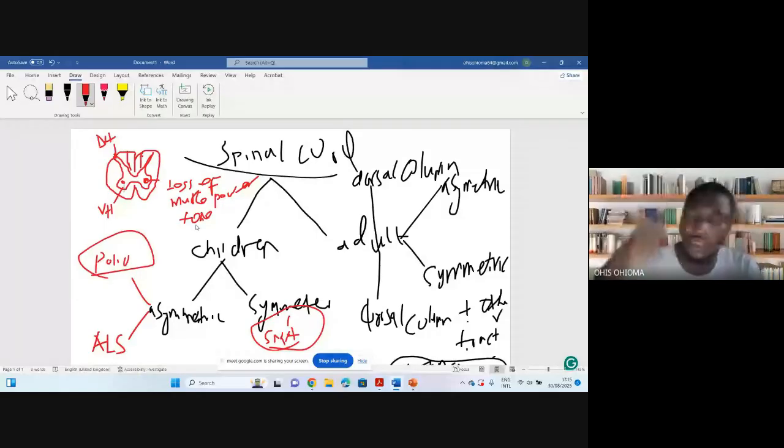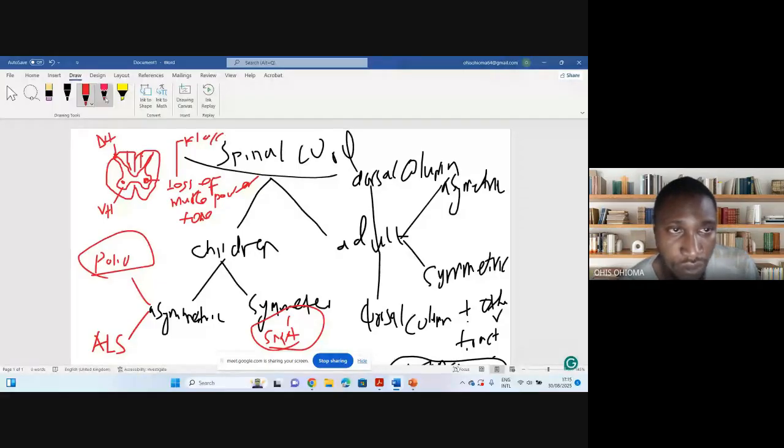When your muscles have tone, they're able to maintain their shape. You understand? When there's a loss of tone, the muscles undergo atrophy. So when this part of the spinal cord is injured, this is actually the gray matter, it leads to loss of muscle power and tone. And so this patient usually presents with flaccid weakness, of course, because it's a lower motor neuron lesion, right? Flaccid weakness.